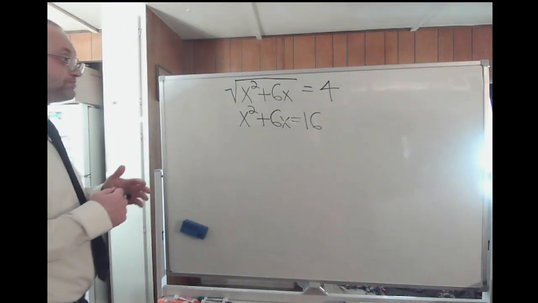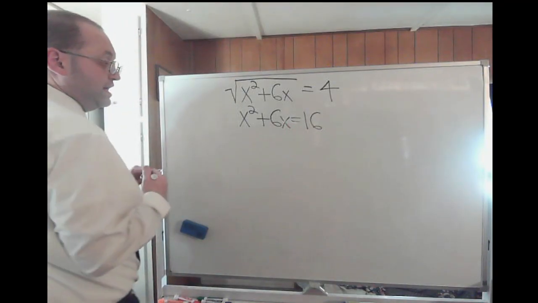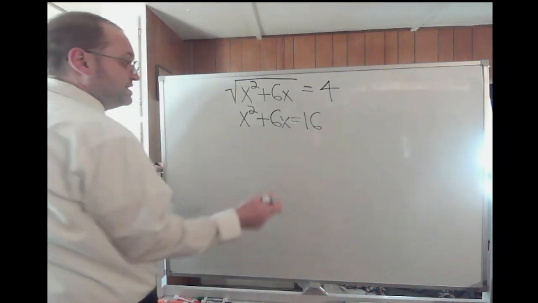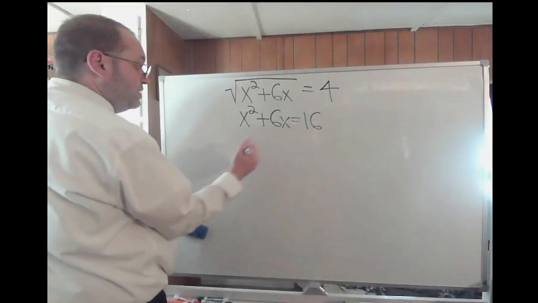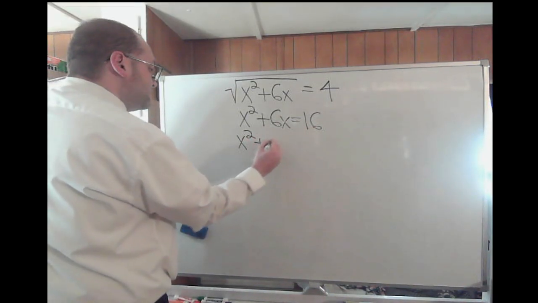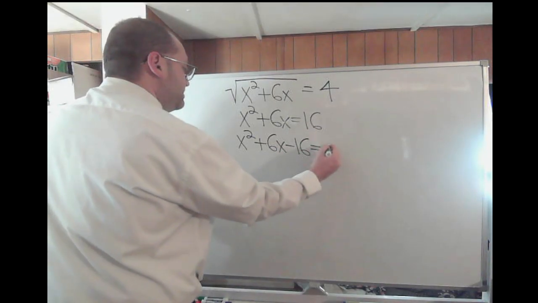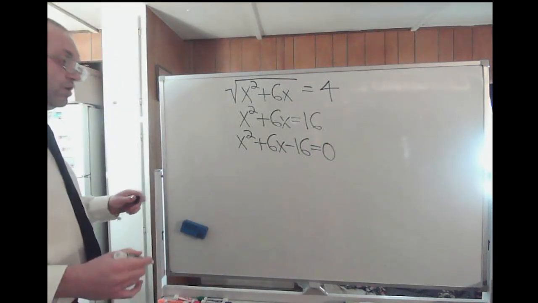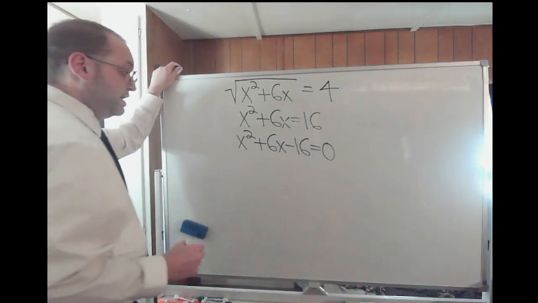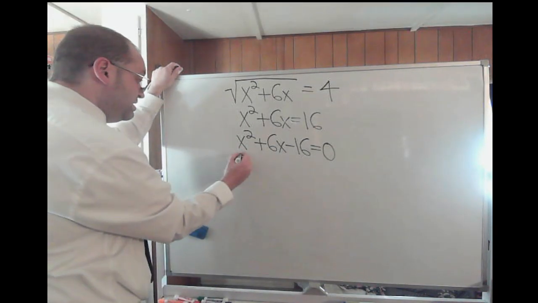Okay, well, now we're going to treat this like a quadratic equation. You're going to subtract 16 from both sides to get 0 on the right. If you do that, you'll get x squared plus 6x minus 16 is equal to 0. Now we need to factor x squared plus 6x minus 16.